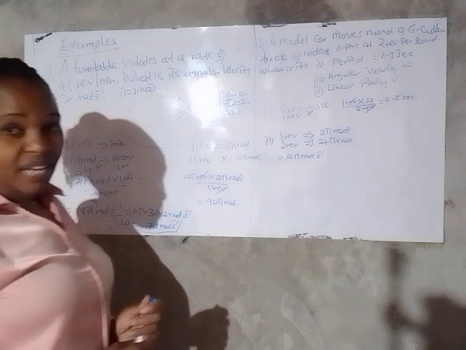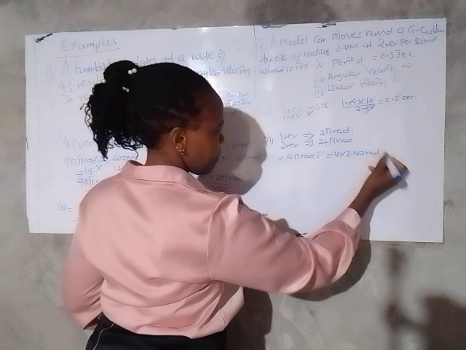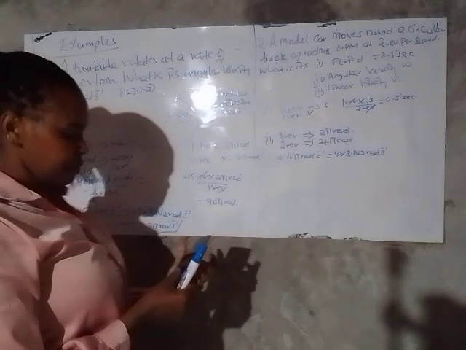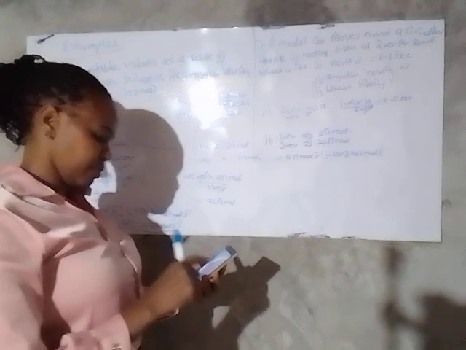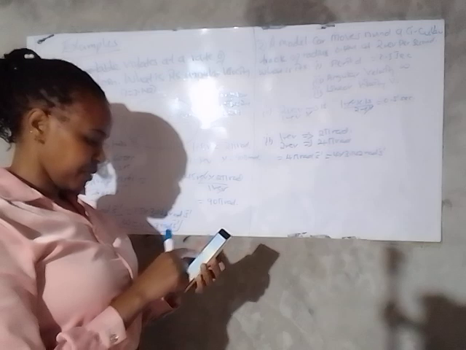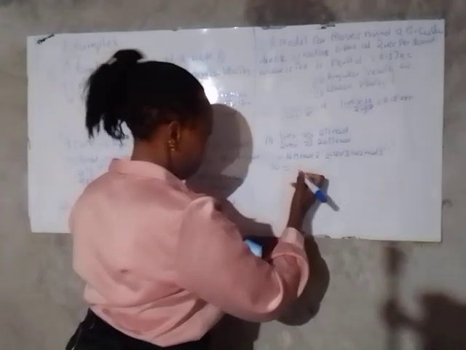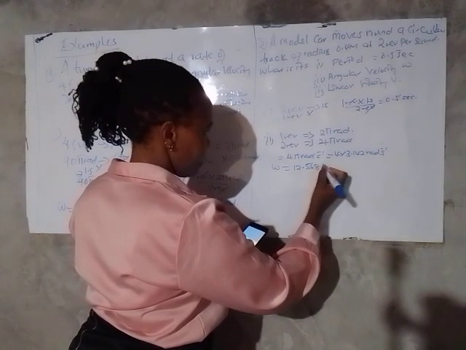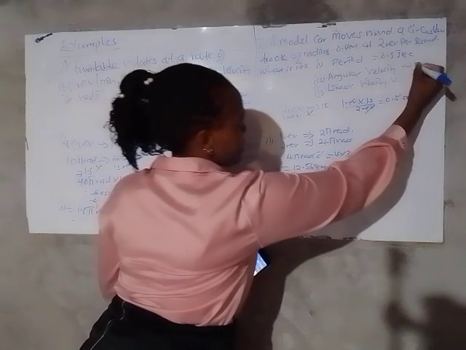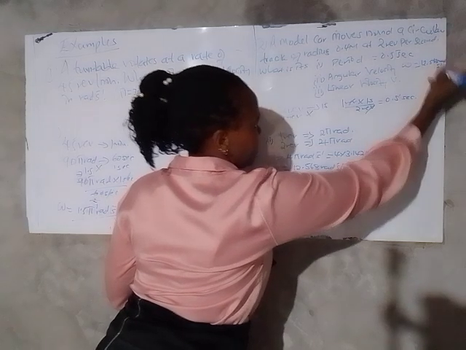If you don't want to give it in terms of pi, then you can change pi to 3.142. So omega is 4 times 3.142, which equals 12.568 radians per second. So that's the angular velocity.